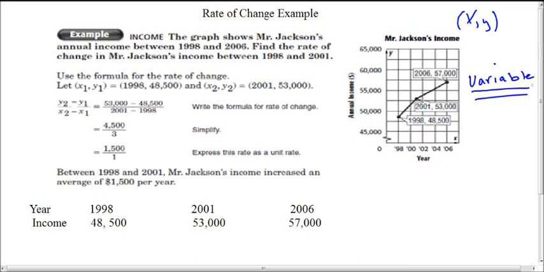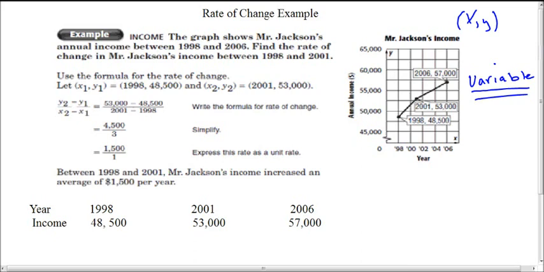Okay, but let's go right ahead and see what's happening with y sub 2 minus y sub 1. If we are comparing 2001 and 1998, those data points, then we are looking at 2001 as x sub 2, 1998 as x sub 1, and 53,000 as y sub 2, and 48,500 as y sub 1.